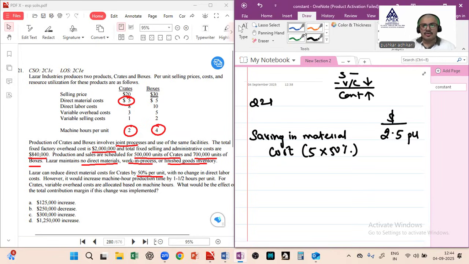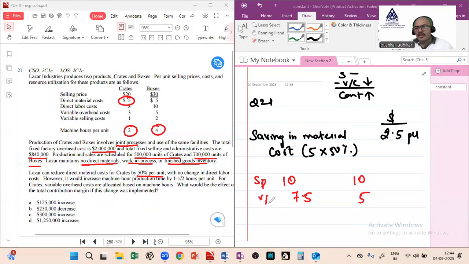Let us say that 10 is the selling price and the variable cost is, let us say, 7.5. Now this has gone down by 2.5, so the selling price stays 10, but the variable cost now becomes 5. So what is the contribution that you get? Earlier it was 2.5, now it is 5. So obviously the contribution has gone up because the variable cost has fallen down. I hope everybody understands this.